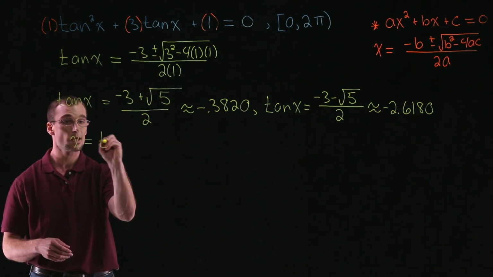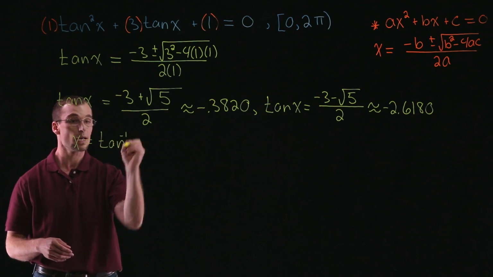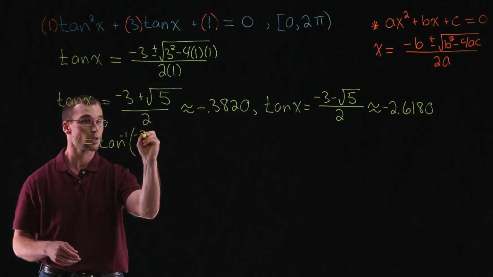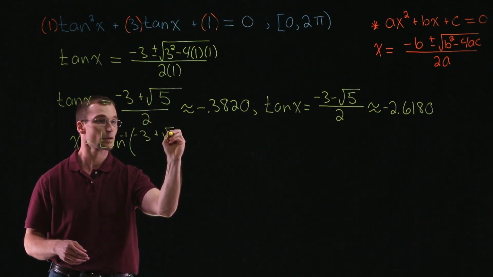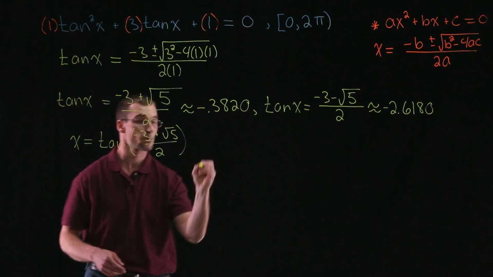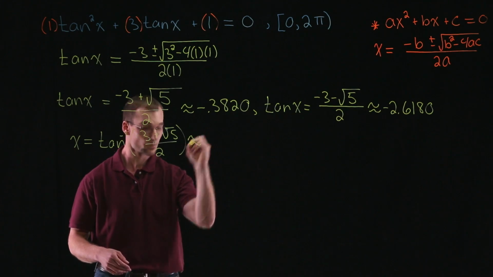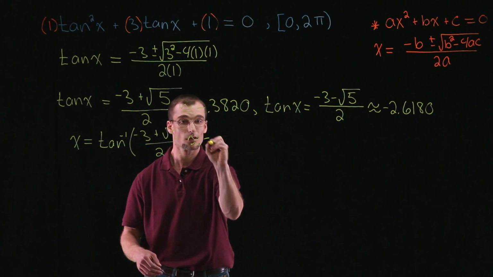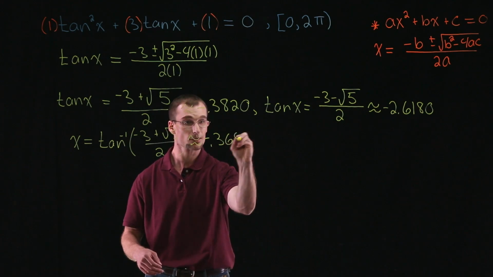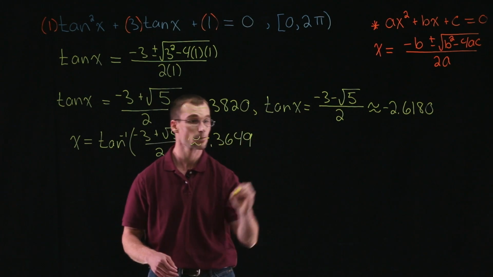So x is going to be equal to inverse tangent of this part, negative 3 plus the square root of 5, all divided by 2, which can be approximated as negative 0.3649.